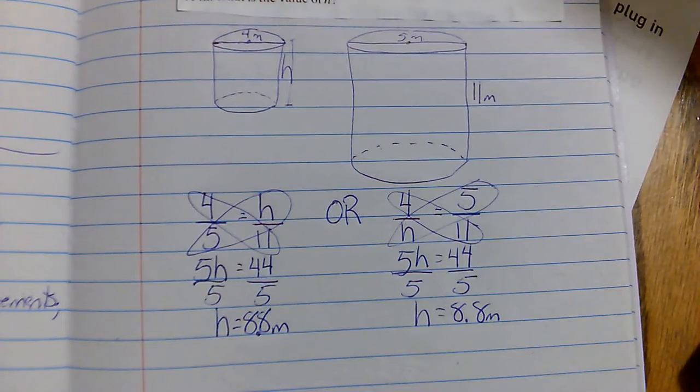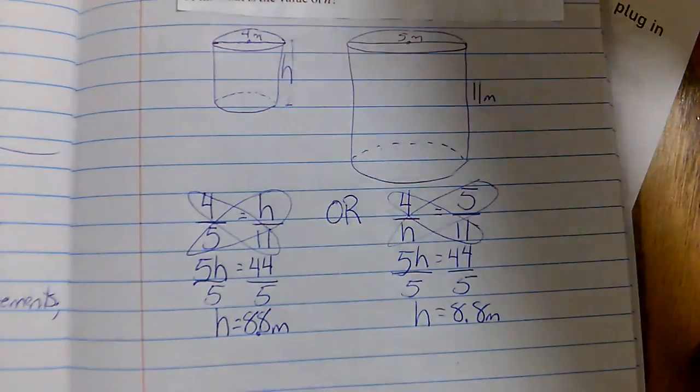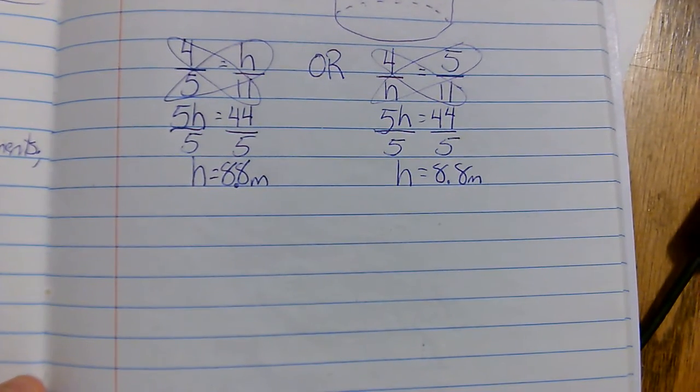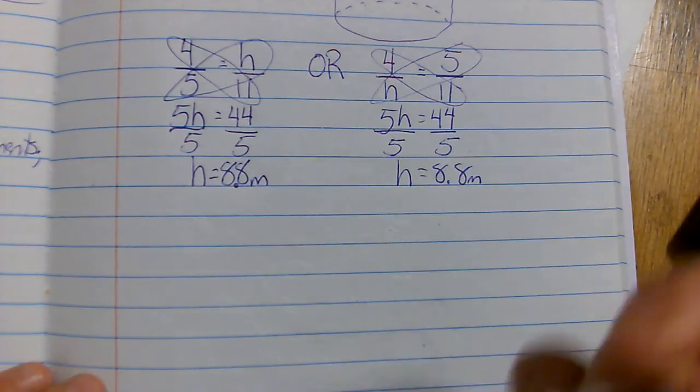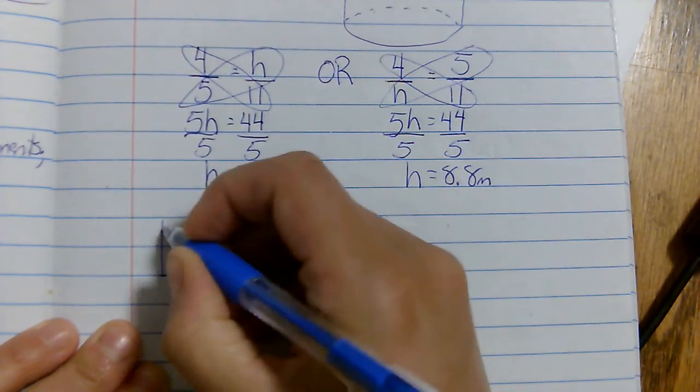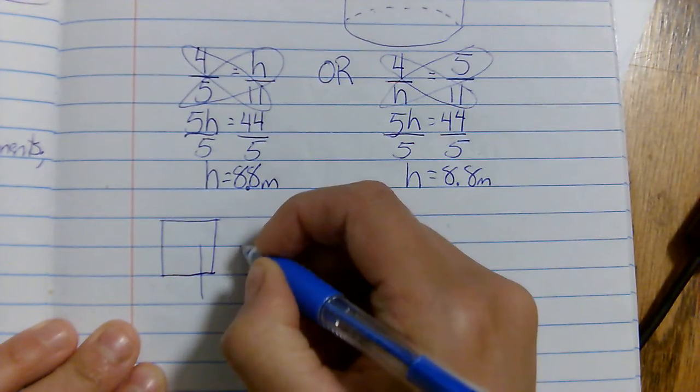We're going to try something else now. Not only can we compare the side lengths within solids, but we can also compare the surface area and the volume. And we're going to do this real quick. Let's say we had 2 solids. I'm just going to draw them real quick. Alright, let's say we've got this solid here.